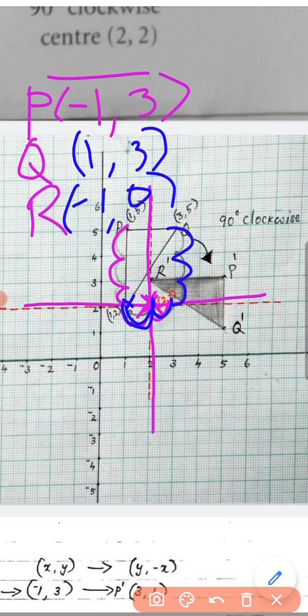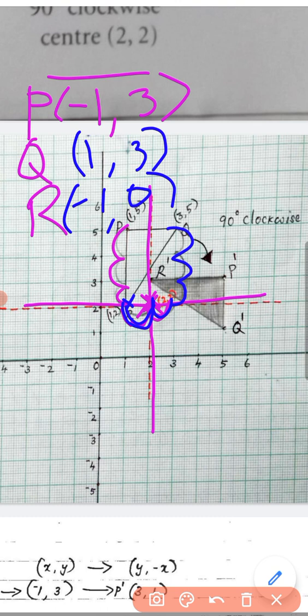So, these are the new coordinates of P, Q and R according to our center of rotation. That is our new origin and the new x-axis and y-axis. Clear?